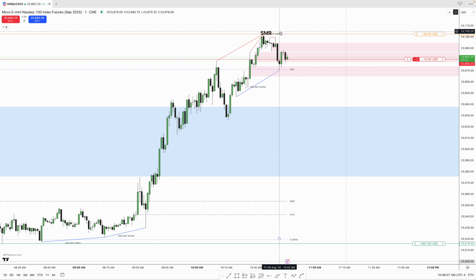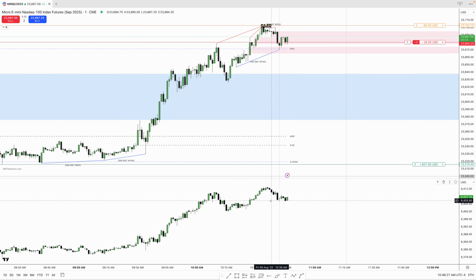I want this 1042 low. I don't want there to be SMT on that low. Like I want us to take that out when ES takes it out. It's very close right now.